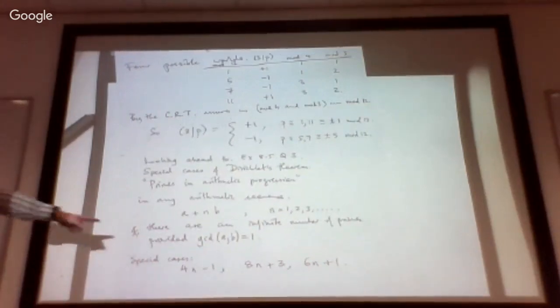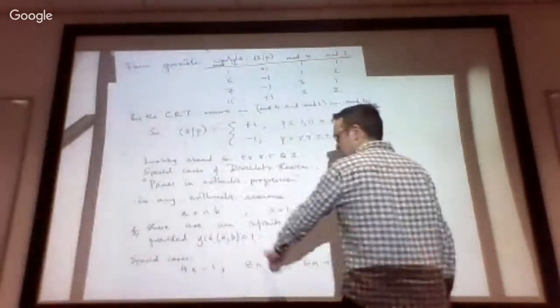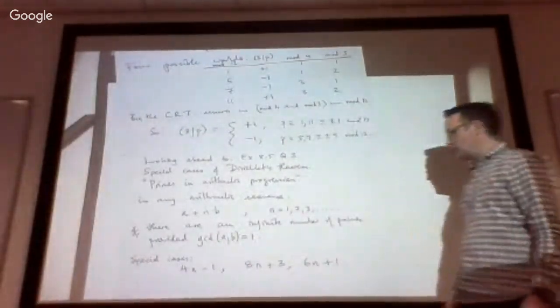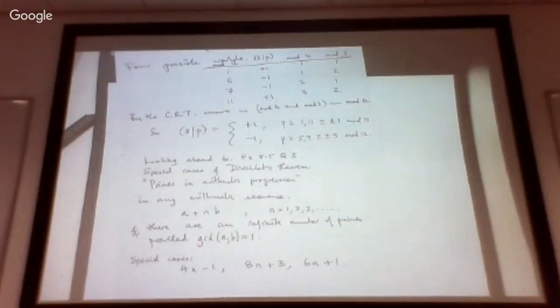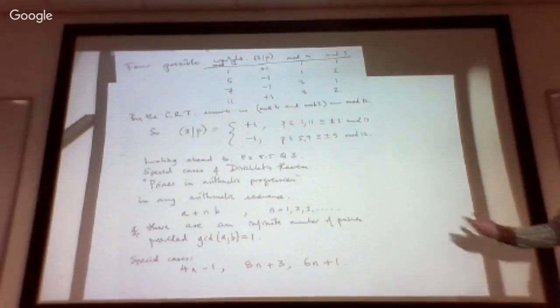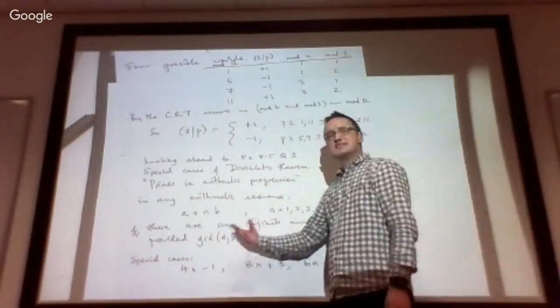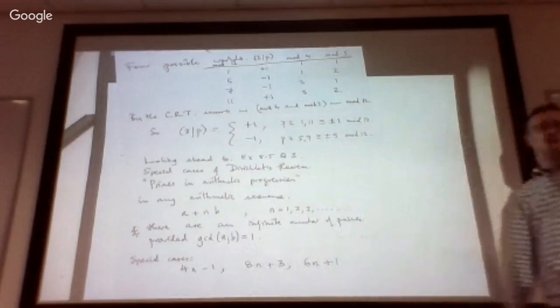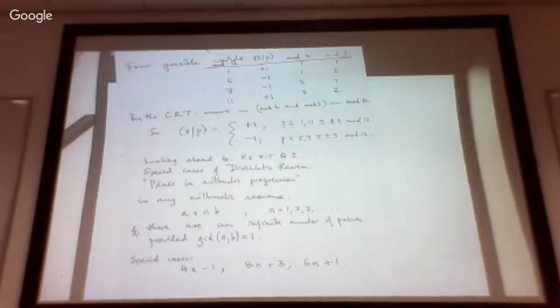All of these fit the condition that the two parameters are co-prime. Dirichlet's theorem says all such sequences have an infinite number of primes, and we can prove directly, using simpler tools, that these have an infinite number of primes.